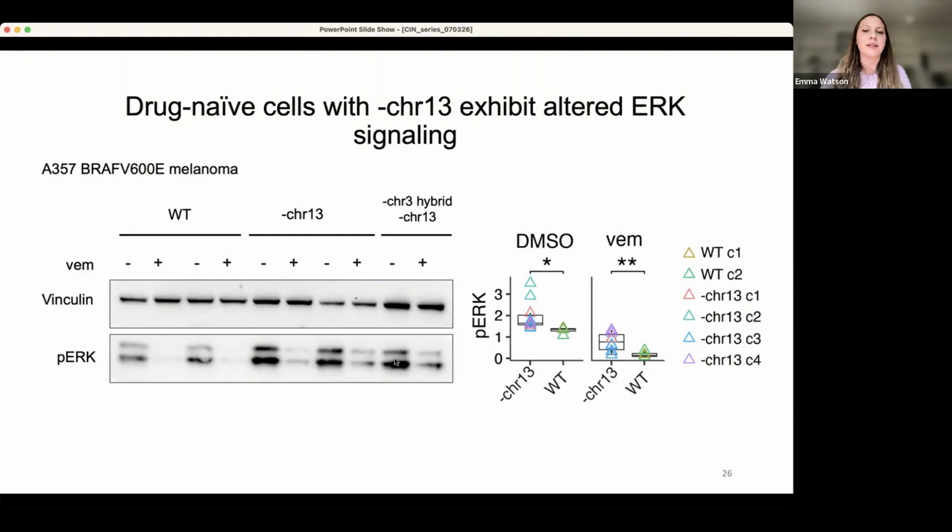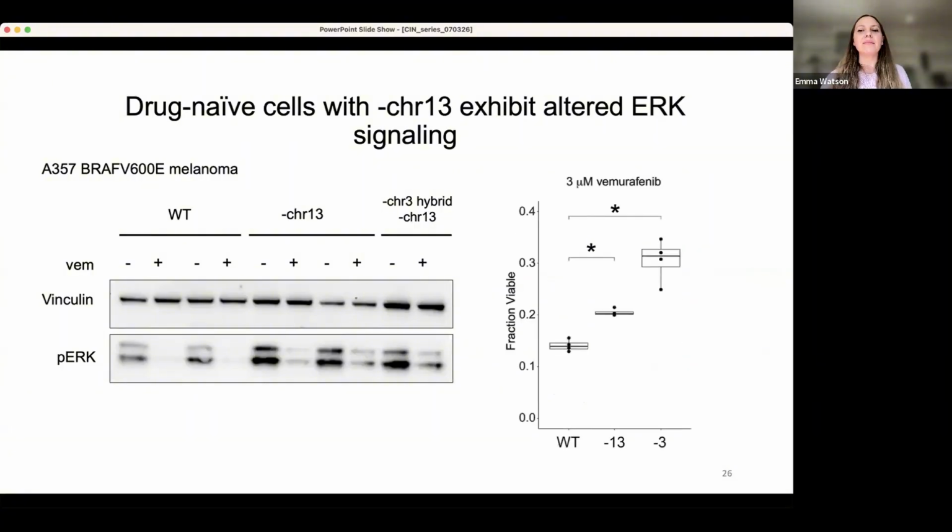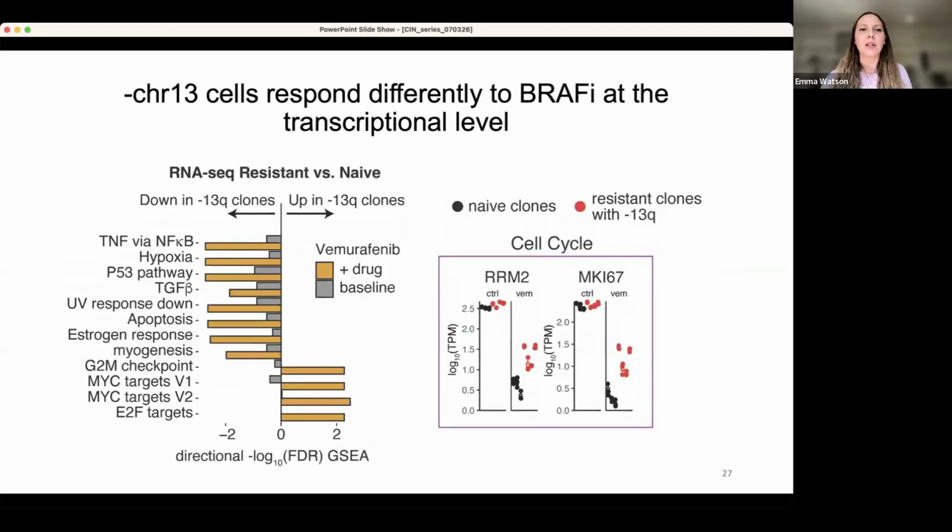And there's also an increased baseline phospho-ERK in these cells, and this is all quantified here. So in some ways, it looks like the -13 cells under BRAF inhibitor resistance are almost phosphorylating as much ERK as the wild types under normal conditions. And so this results in a higher proliferation rate under vemurafenib, which I'm showing here for both chromosomal losses.